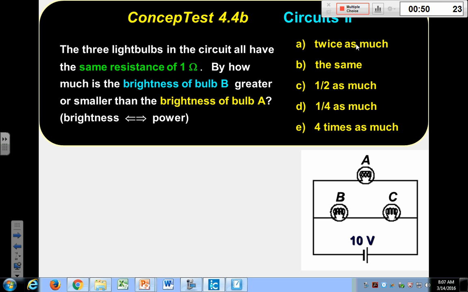Let me remind you of the power. If I'm holding my resistance constant, power is equal to V squared over R. If R is constant, power has this expression of V squared over R. So by how much brighter, greater or smaller, is B compared to A?